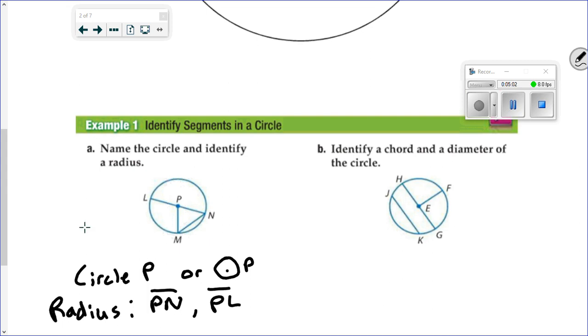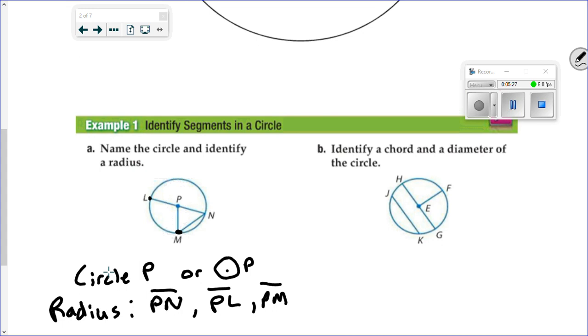Again, it's got an endpoint on the circle, L is on the circle, and P is the center. One more example of a radius would be PM. Again, it's got P, the center of the circle, as an endpoint, and M, a point on the circle as an endpoint. So, PL, PN, and PM are all radii.